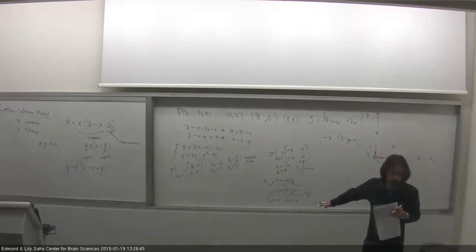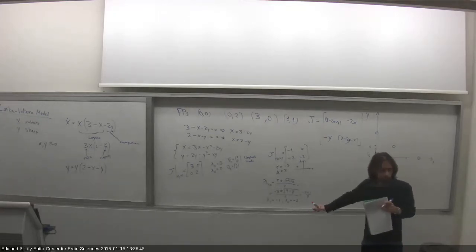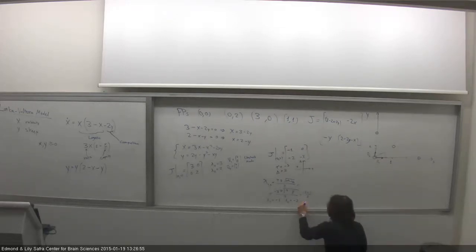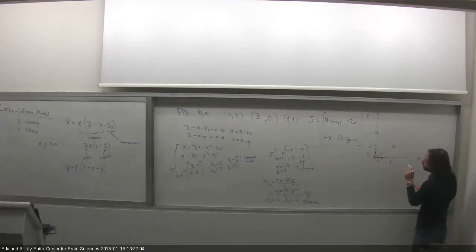It's not a spiral, right, because these are real eigenvalues. If we had complex eigenvalues, then it would be a spiral. So this is a stable node. I can fill it in. This is 0, 2.